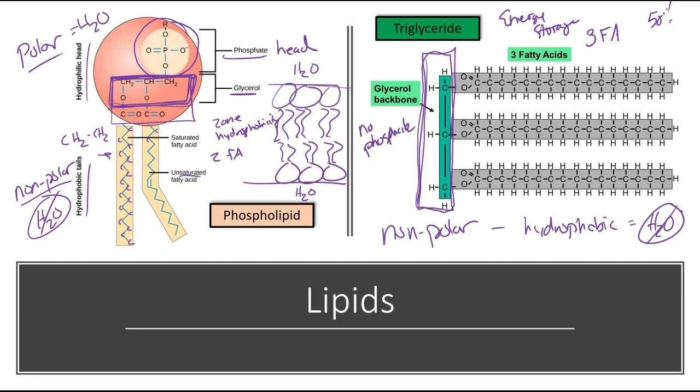And again, that's just one example of structure dictates function. These molecules are structured in a way that allows them to store energy long term. And phospholipids have structured themselves to allow for bilayers to form and therefore membranes to form.